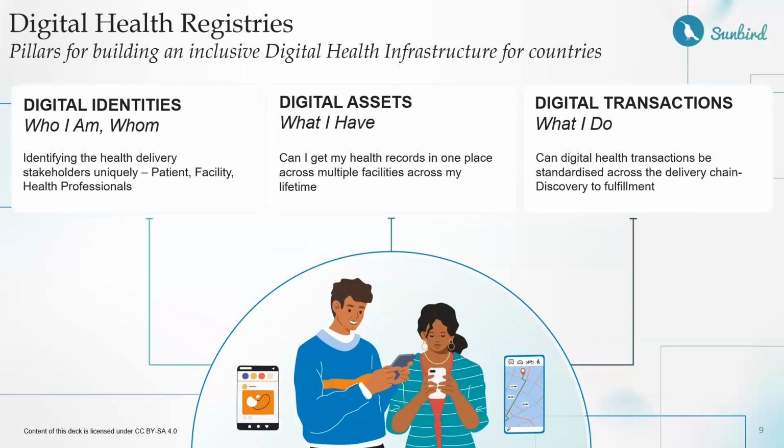I will not waste a lot of time on why we need it, but the core principle for why we thought we should build Sunbird RC is that any digital health system, or for that matter any digital transformation, requires three things in place to make it very inclusive. One is digital identities, identifying each stakeholder uniquely. This is where registries come into place, and you can also build more trust in healthcare delivery if we are able to verify those entities via verifiable credentials.